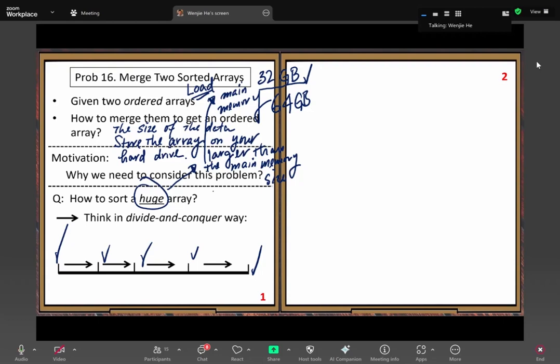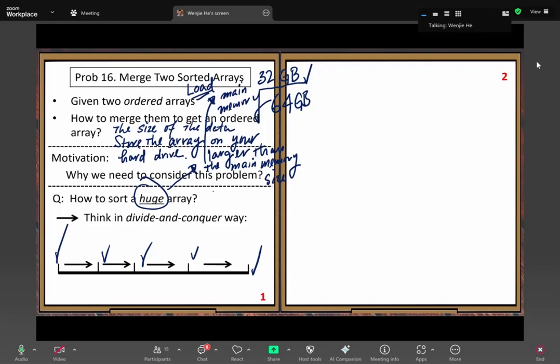We have the intermediate results. The whole array is still not yet sorted, but the whole array contains a sequence of ordered subarrays. So now it's not random data.